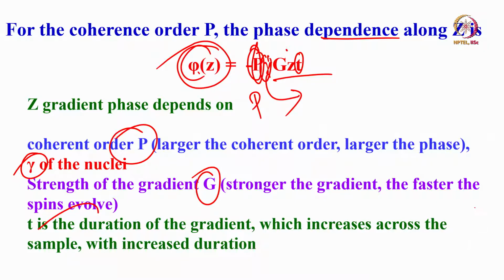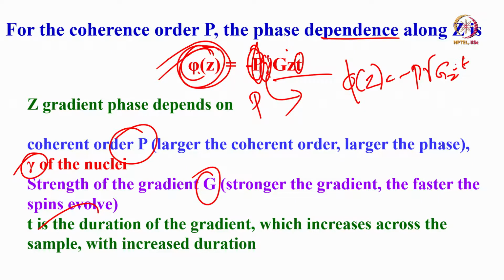So, these are the important parameters on which the phase dependence of a particular coherence order P along Z can be defined. Simply remember, if I have a coherence order P, the phase dependence along the Z axis is given by phi of Z equals minus P into gamma into Gz of t.